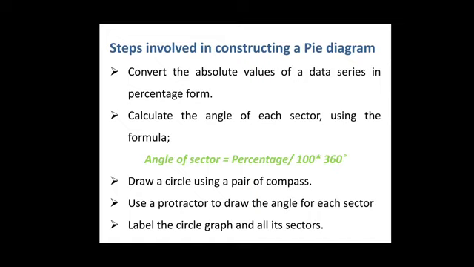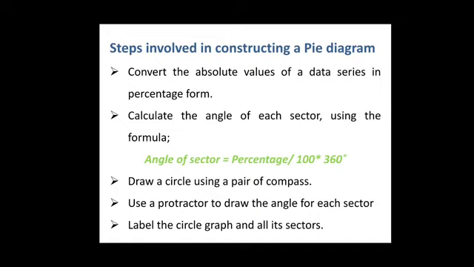Dear students, the third step is to draw a circle of appropriate size with the help of a compass. After drawing a circle, the fourth step to follow is to use a protractor to draw the angle for each sector.